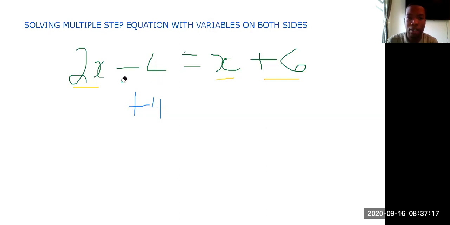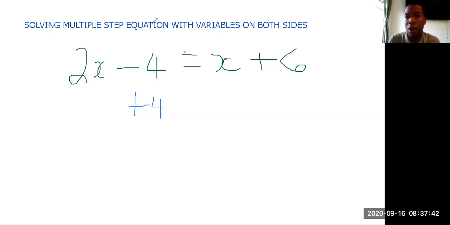Does that make sense? Oh, what's happening to the 4? I lost the leg. Bam, there it is. So I have to do a +4, because the opposite of -4 is +4 if I'm doing the additive inverse. All right, so then whatever I do on one side, sure enough, got to do it on the other side.